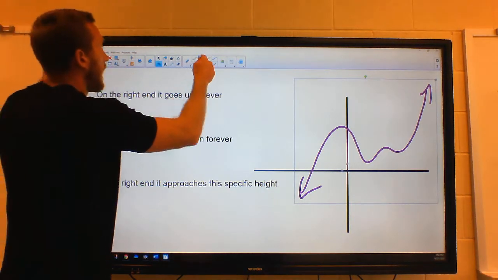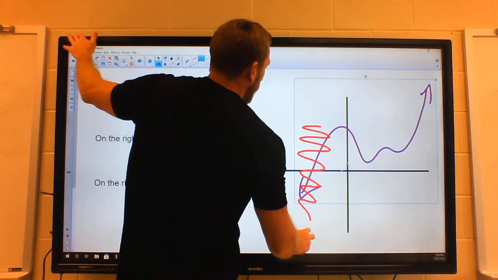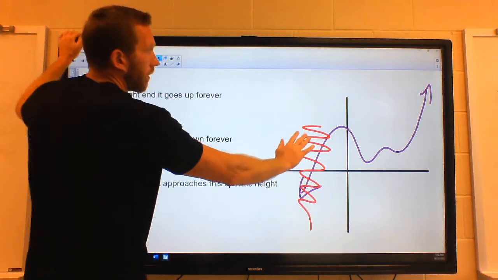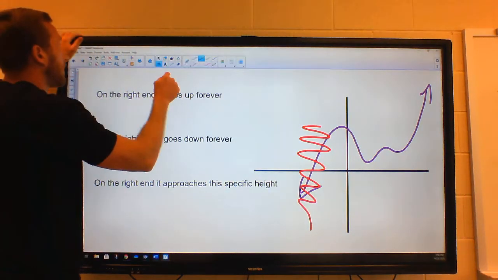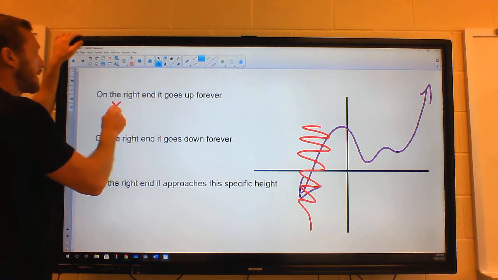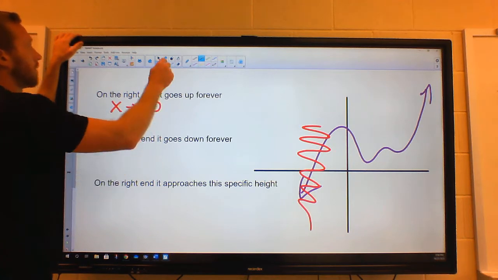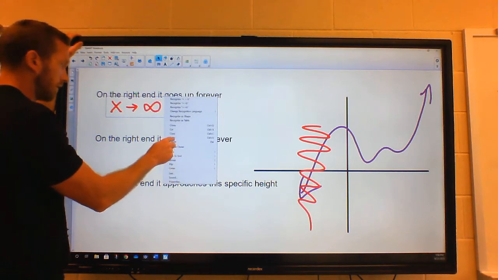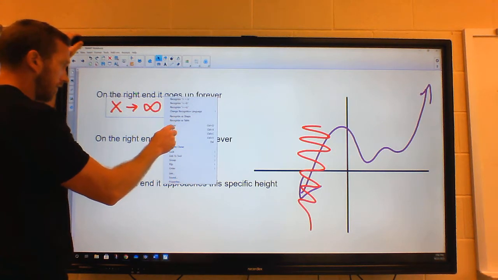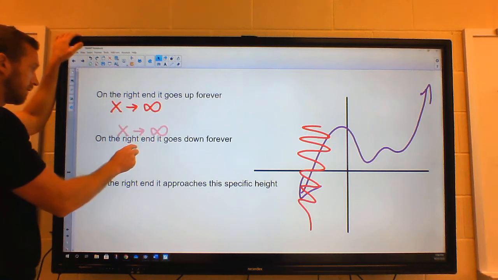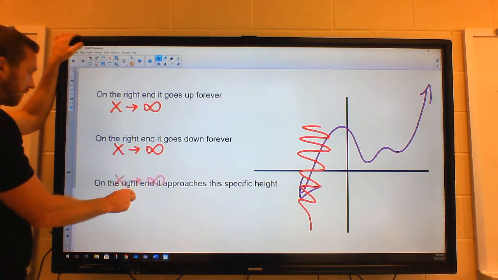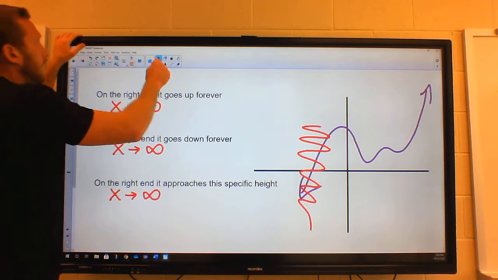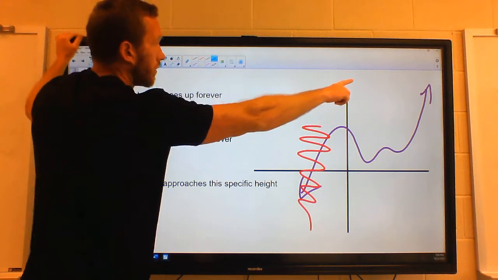Now let's look at the right half options. Okay, so ignore the left half. Now we're just looking at the right half. How do we say on the right end? That's how we would write it. As we go to the right, positive infinity. Option 1, it goes up forever.